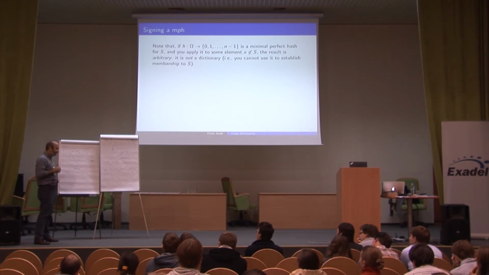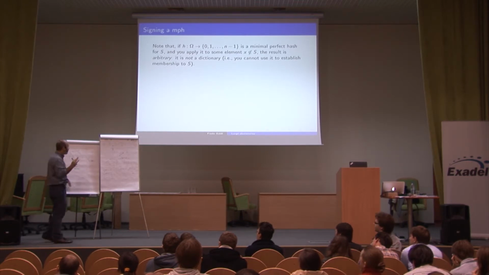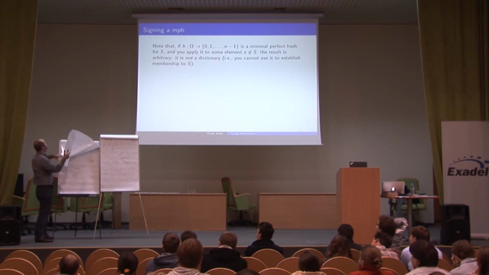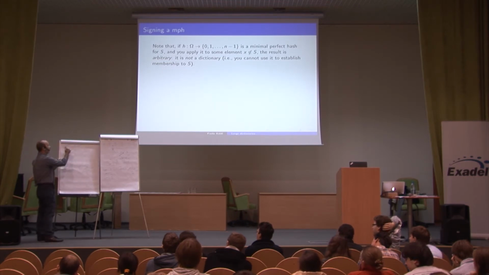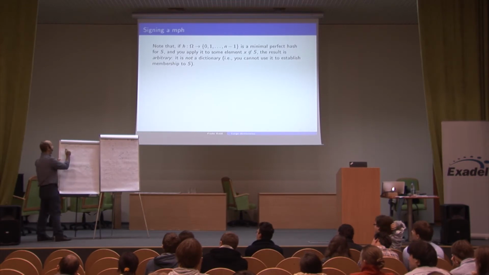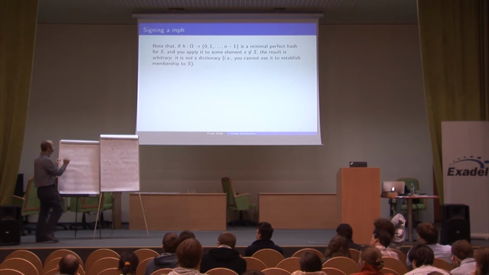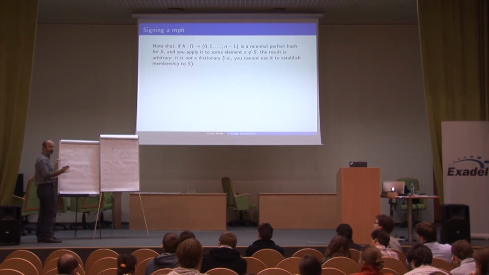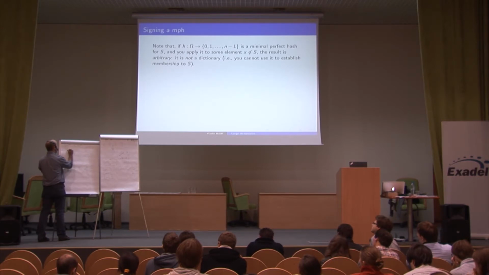But the problem is that sometimes you don't know what the set S is. Let me give you a specific example. Recall the problem I described before. You have the pages you have crawled, and each of them corresponds to a given URL, and we want to build a map that maps these URLs to numbers. Now, in these pages, there will be many anchors, many links appearing.